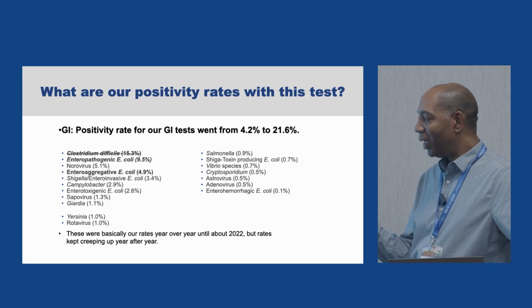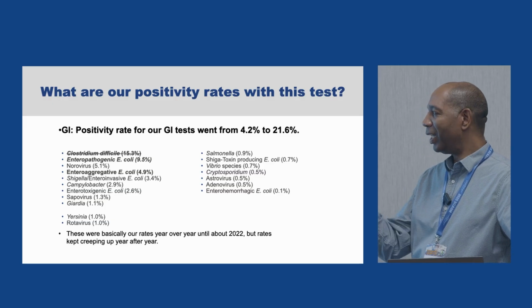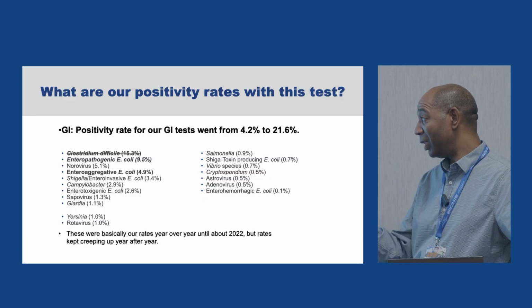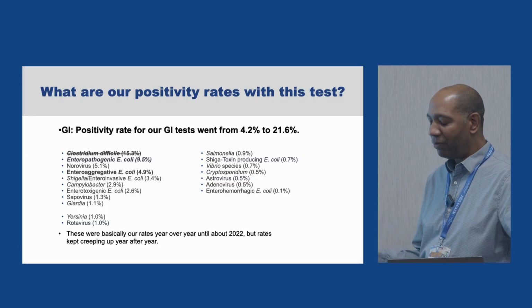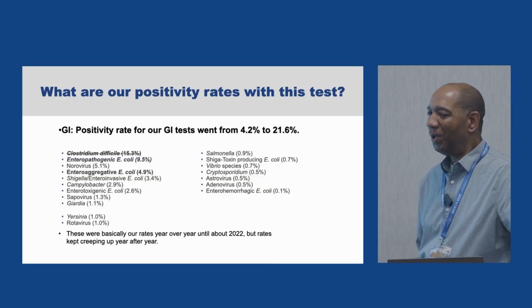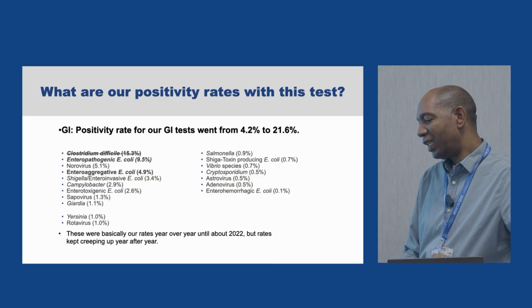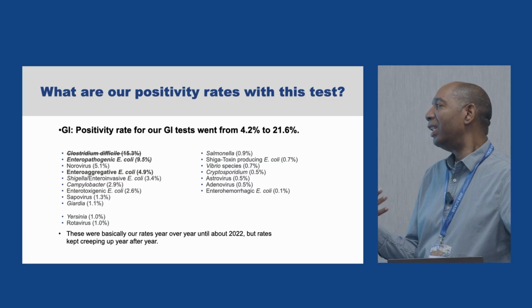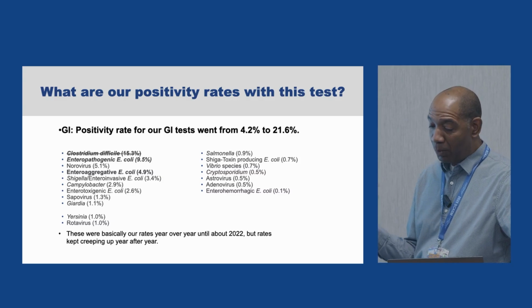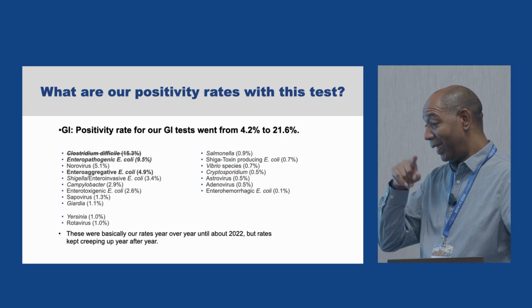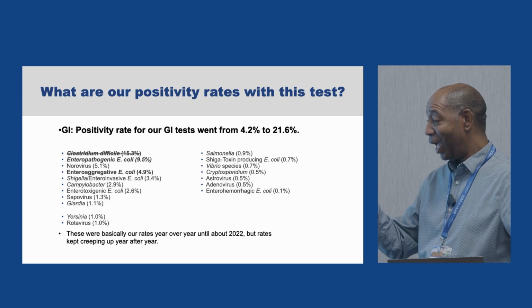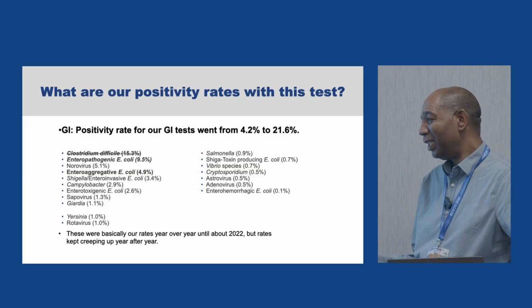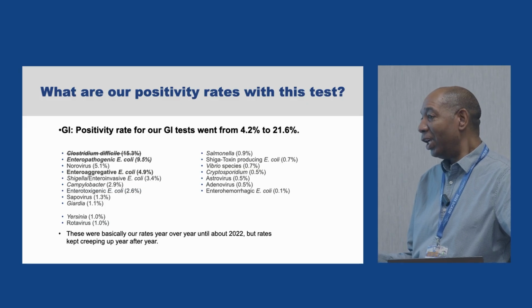Of course, this has not been without problems. The enteropathogenic E. coli, the C. diff, which, as I said, we've been able to deal with now, and the enteroaggregative E. coli, we just don't know what to do with them. It's a problem because they're not organisms we ever wanted to be testing for. They're organisms that we report with big disclaimers saying, hey, these can be colonizers, and physicians don't really know what to do with that language.